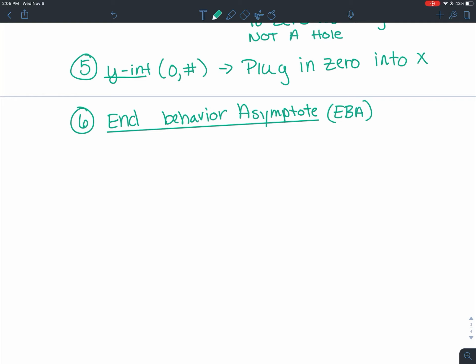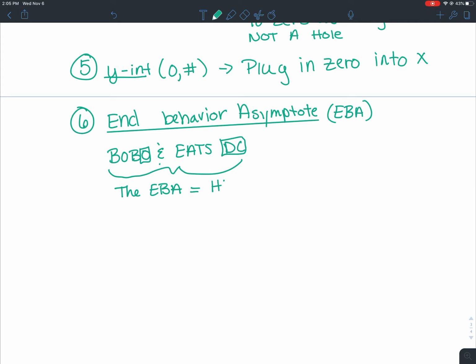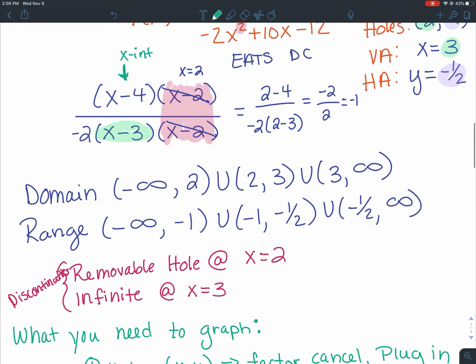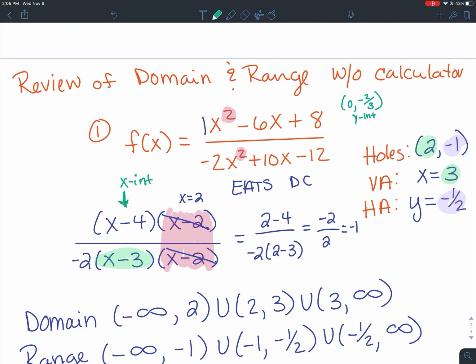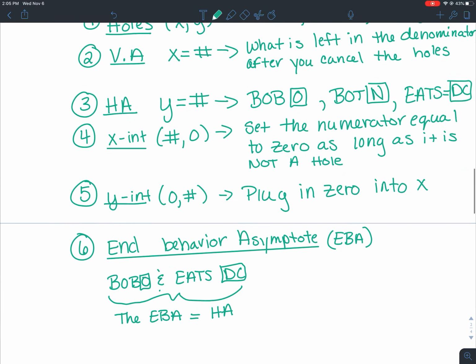So if it's BOBO and EATS DC, so if it's bigger on bottom equals 0, or dividing coefficients, if it's those 2 right there, then the EBA is equal to the horizontal asymptote. So if it's 0, it's y equals 0. If the exponents are the same, so on this problem, my exponents were the same, y equals negative 1/2, that is my end behavior asymptote.